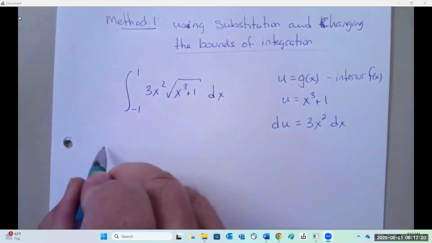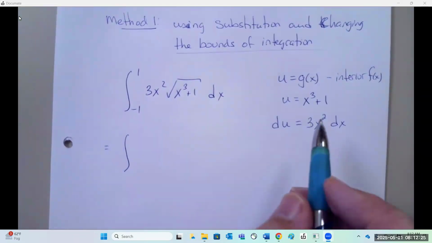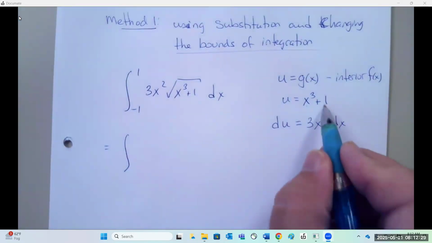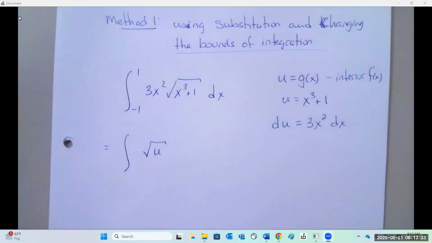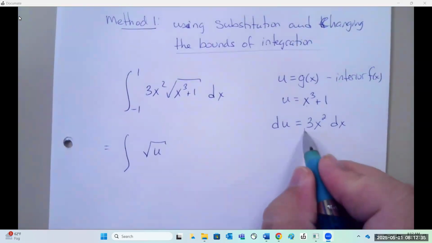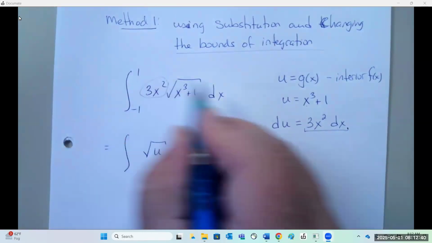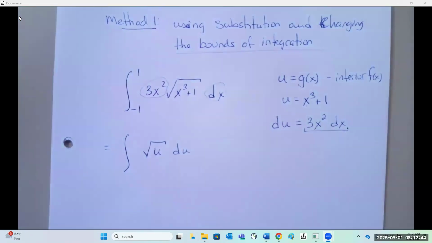So wherever we see x cubed plus 1, we put a u. Now, do we have 3x squared dx inside the equation? Yeah, here's 3x squared, and here's dx. If we put them together, we have du.